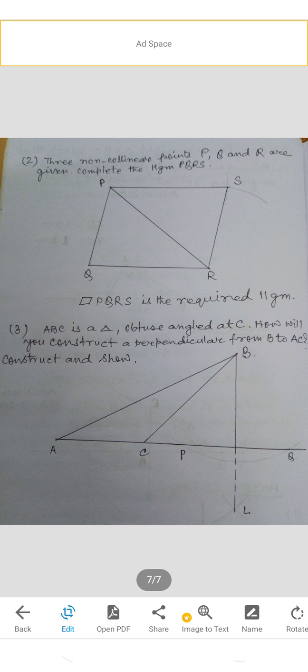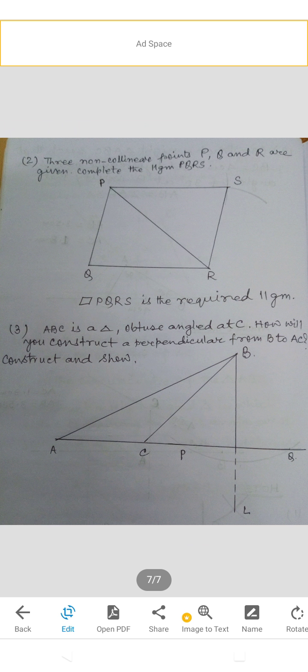When PQR are not lying on a straight line, then the points PQR are called non-collinear points. Here PQR are non-collinear points. Join PQ, QR, PR. PQR is the required triangle.